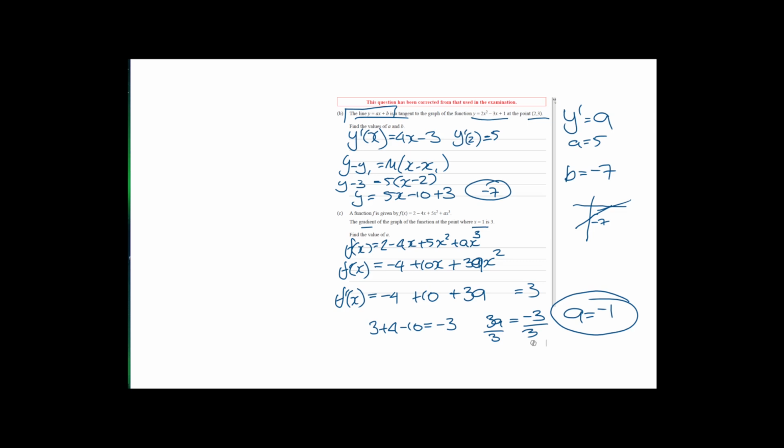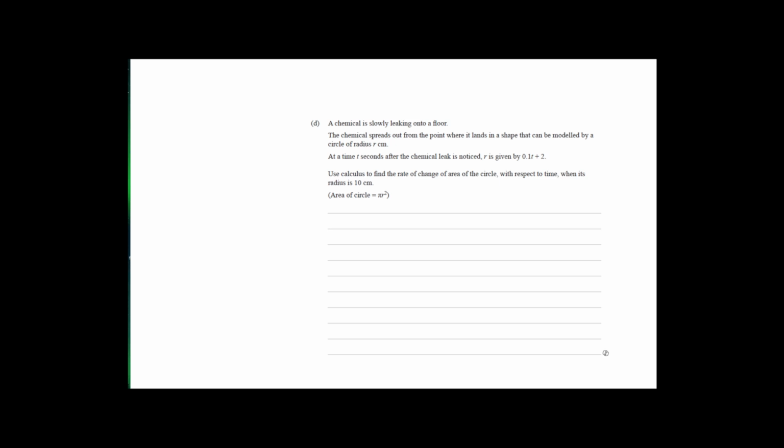Strange question, but doable question. A chemical is slowly leaking on the floor. Although chemists have been known to do that. A chemical spreads out from the point where it lands in a shape that can be modeled by a circle with a radius r.